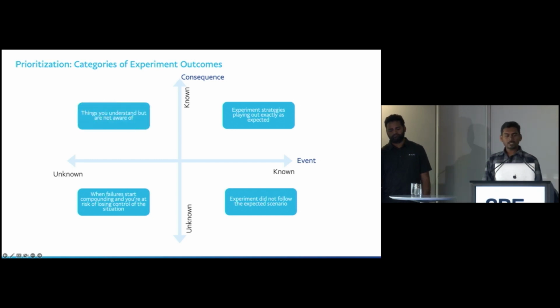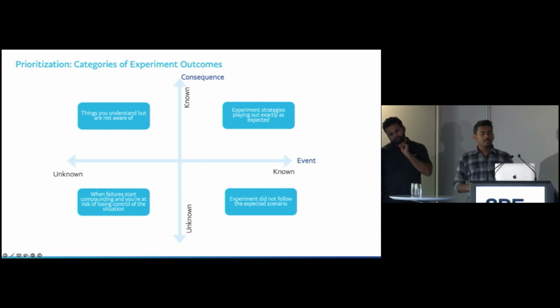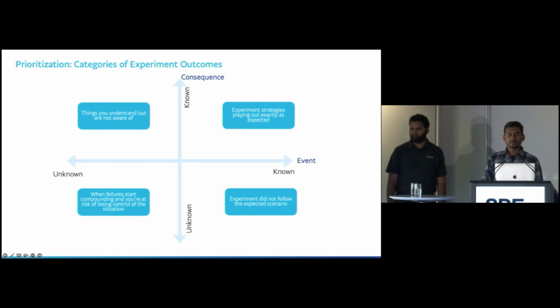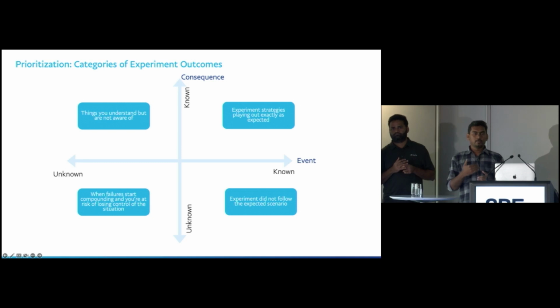So now, usually the traditional testing practices cover the right-hand side of the quadrant, the known and known unknown quadrant. And chaos usually is intended for the left-hand side of the quadrants, where unknown scenarios are. Now, but the recommendation is to start with known, even for chaos, because this is where we get to make a lot of progress in our chaos journey, right?